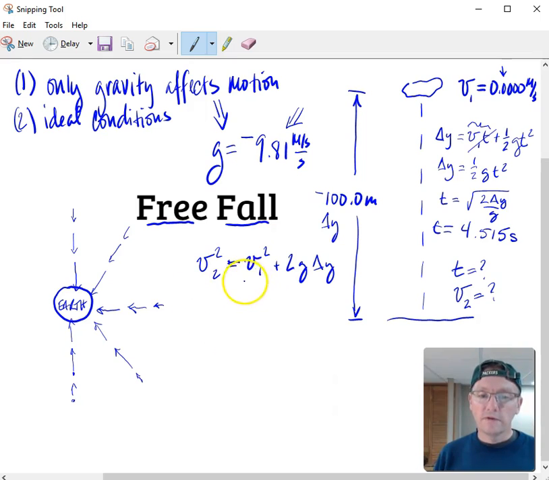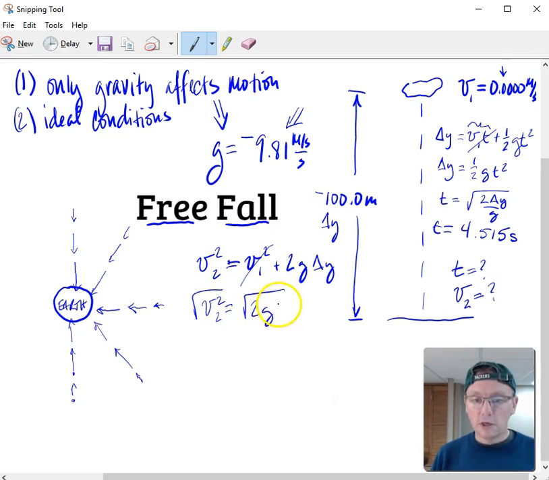And so my question for you is, how can I solve this for the final speed? This term I know goes away because it's 0. Then I have g and delta y, and the negatives are going to cancel each other out just like they did over here. So I take the square root of both sides, and I end up with the square root of v sub 2 squared equals the square root of 2g delta y.